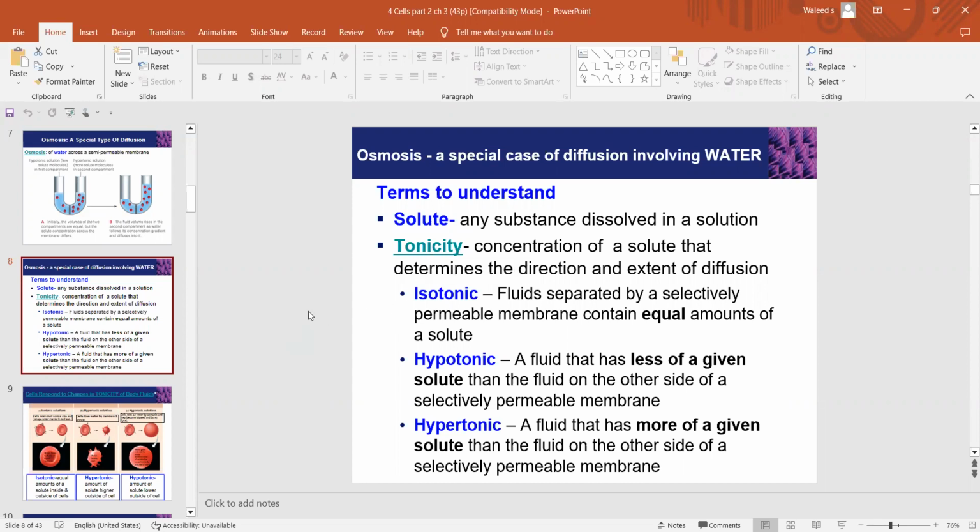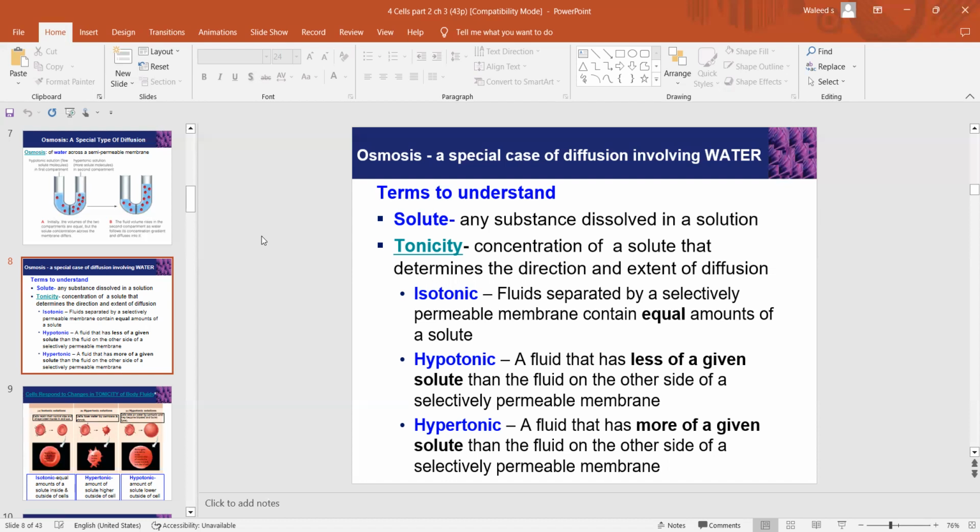This is one. Number two, tonicity is the concentration. So if I have two things and both of them have the same concentration, I call that isotonic. What's iso? Equal. Iso is a prefix that means equal. Tonic means concentration.